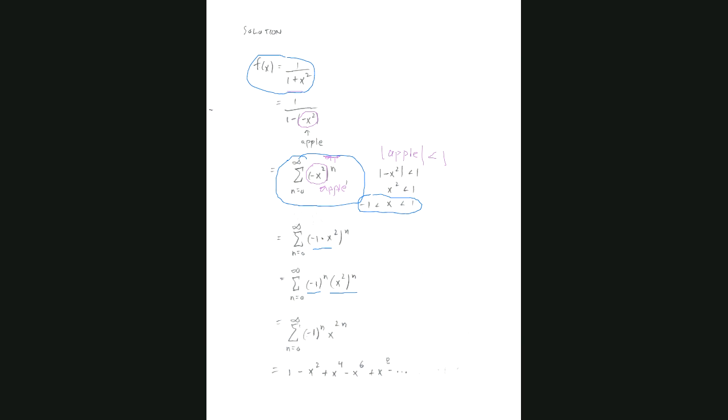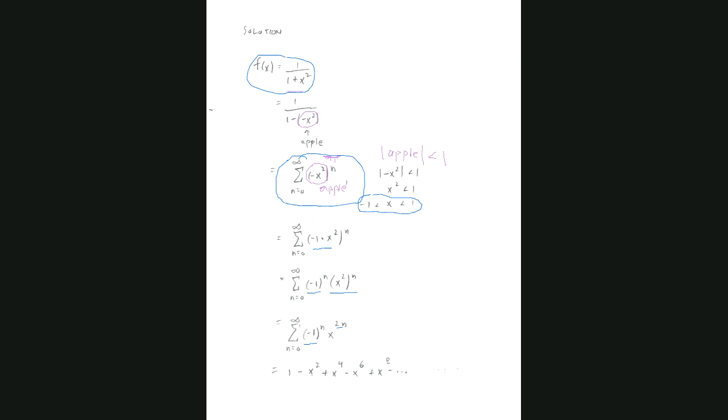Okay, are there any questions so far? All right, well, then negative 1 to the nth power just stays negative 1 to the nth power, but x squared to the nth power is x squared raised to the nth power. We multiply the exponents to get to the 2nth power.